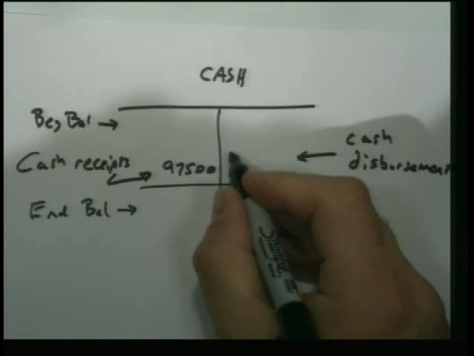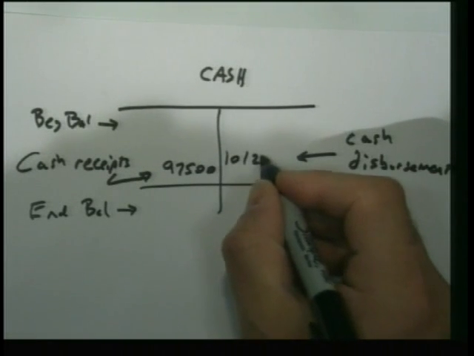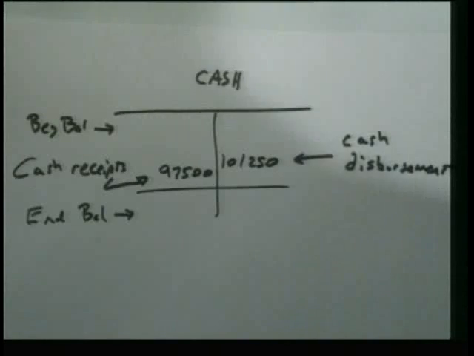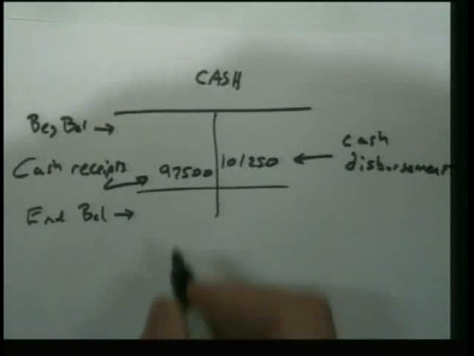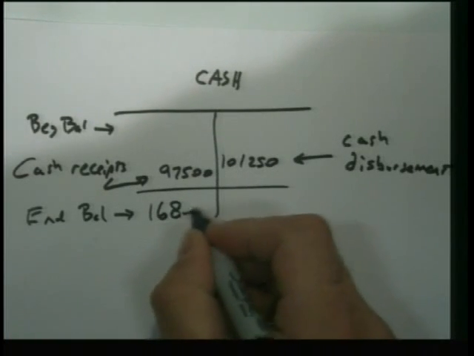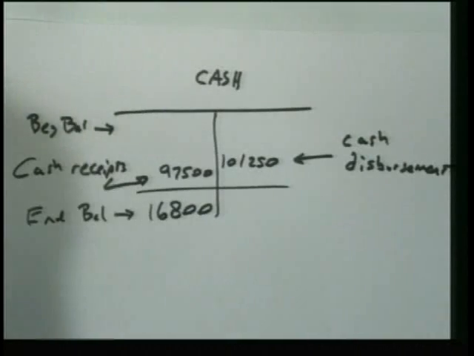Is that correct? The October 31 cash balance was $16,800. Is that the ending or the beginning? Ending. And they're asking us what the beginning balance is at September 30th.